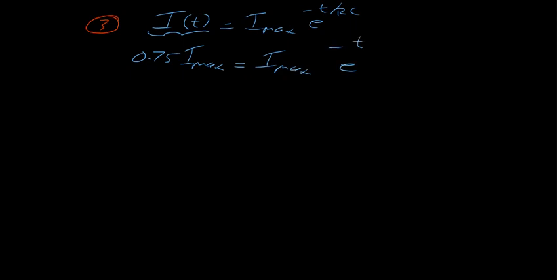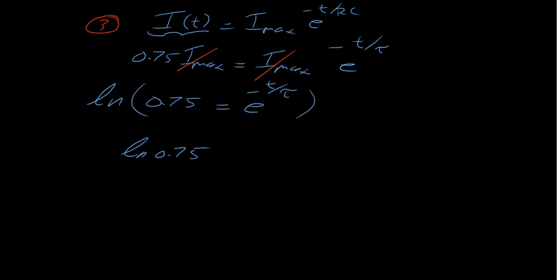The current is the maximum current times exponential of minus t over tau. The maximum current on both sides will cancel each other, and I will end up with 0.75 equals exponential of minus t over tau. To solve this equation, I take the natural log of both sides, and that gives me ln of 0.75 equals minus t over tau.